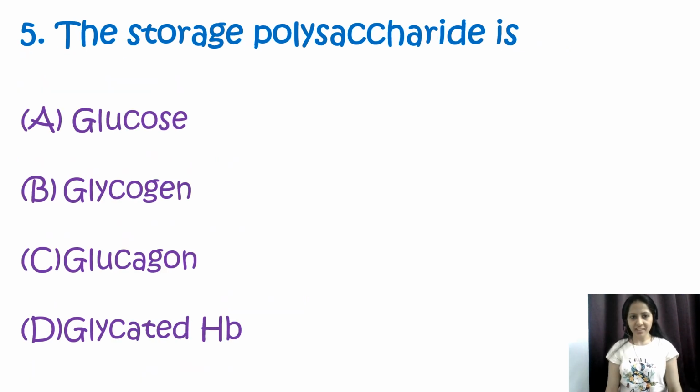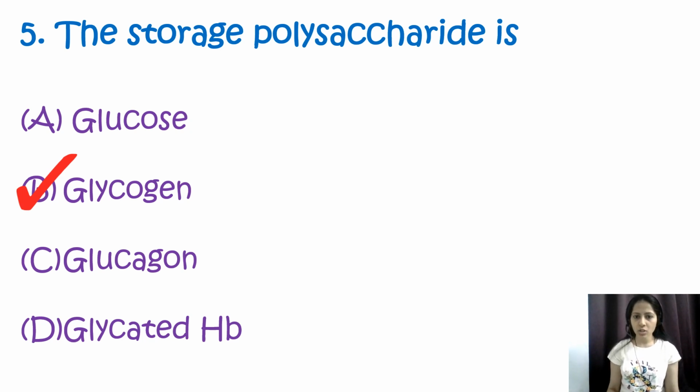Next, question number 5. The storage polysaccharide is, so options are glucose, glycogen, glucagon or glycated hemoglobin. So over here my correct option will be option number B, that is glycogen. We know that glucose is a simple sugar and the primary energy source for the organisms. Glycogen is a complex polysaccharide that serves as a storage form in the animals.